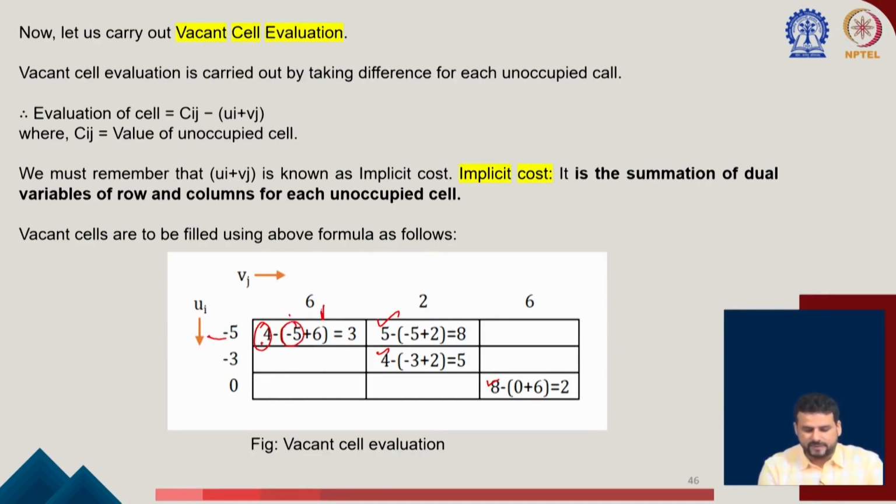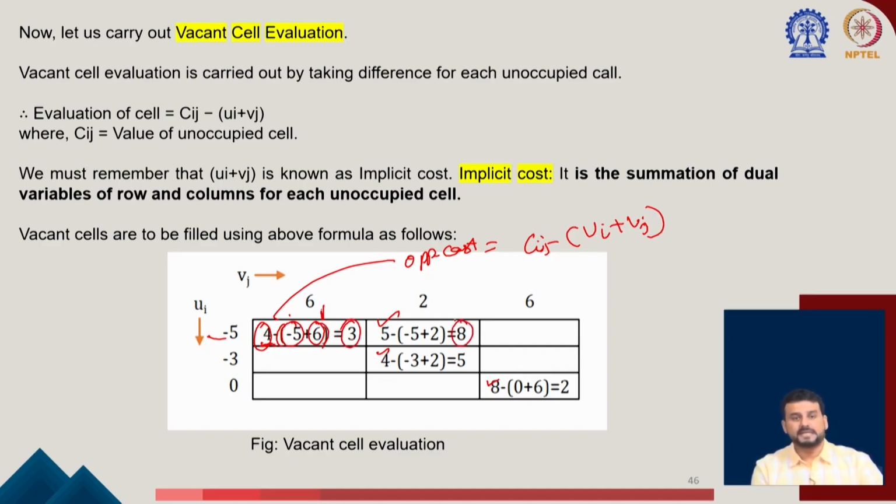So the U1 value is minus 5, and the V1 value is 6. This is the opportunity cost we are calculating, as I told you, Cij minus (Ui plus Vj). So for this cell, 4 minus (minus 5 plus 6), this is 3.